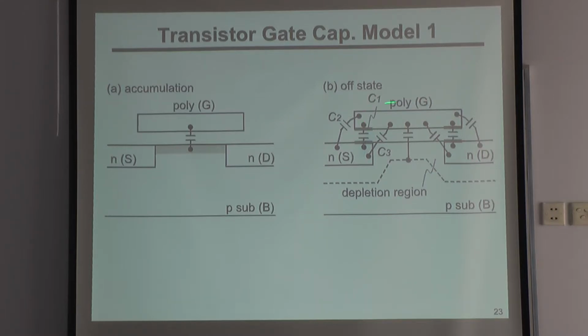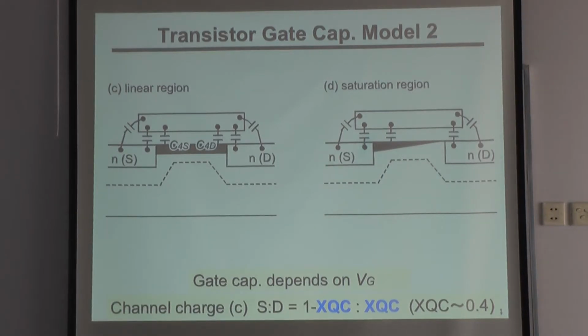So the capacitance from the gate is the sidewall and overlap region with the drain, and also against the depletion region. In the linear region, we have capacitance here and here and gate to channel. In the saturation region, we have a lot of gate to channel capacitance on the source side, but less on the drain side.